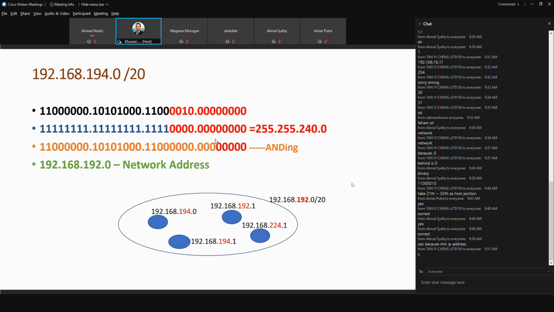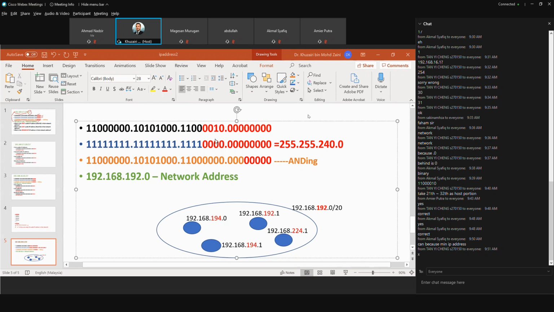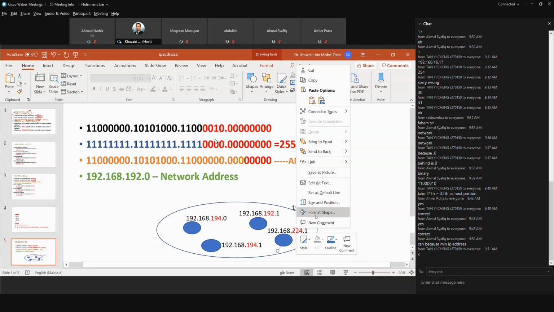Good, done. So it shows that you already understand. Because when you put 224, it becomes another network already. Okay, so you cannot use this IP address for your laptop, because this is in a different network. So this one you cannot use.